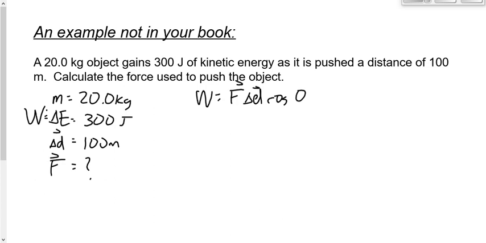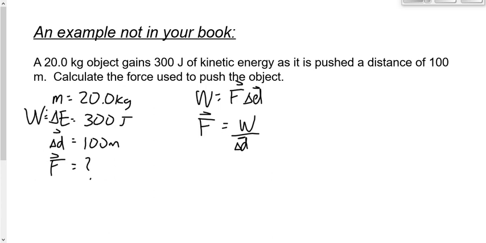So F times D times 1 is just F times D. My angle is 0, so just make it F times D. Let's solve for force here. Force is work over displacement. By the way, work is a scalar. Force is a vector. Displacement is a vector. Force and displacement go together. Two vectors combined together give you a scalar for work.